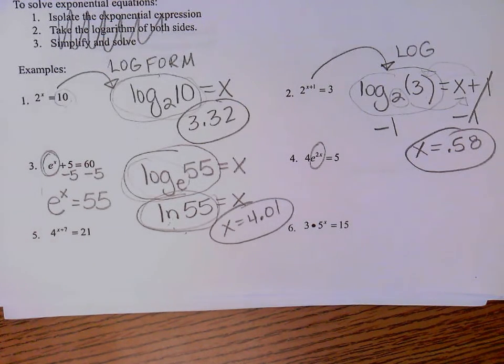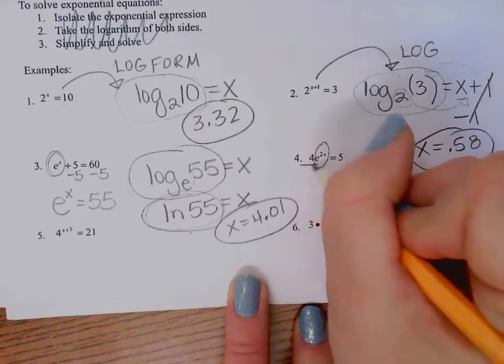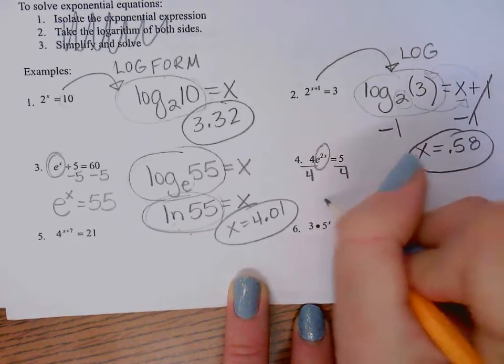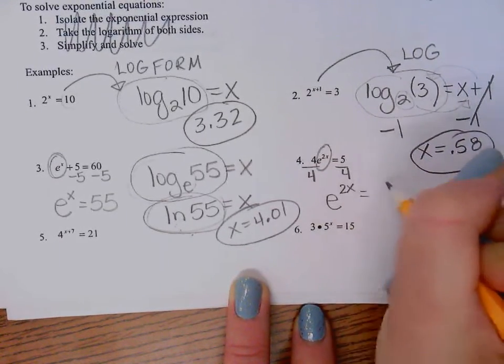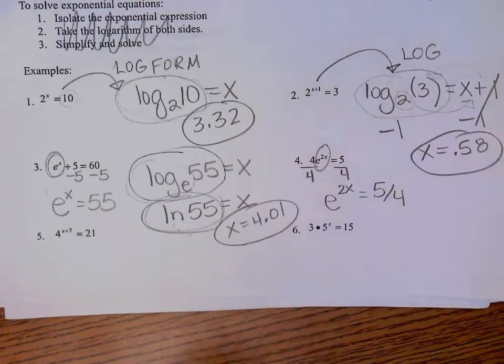So same thing on number 4, we're going to be able to use the natural log button. And to start the problem, you'd have to divide by 4 on both sides. So e to the 2x equals 5/4, or you could write it as 1.25. So you're doing the natural log this time. I want to show this to you, because a lot of times I think it's easier to just change into log form, but you're allowed to take the log of both sides of the equation.